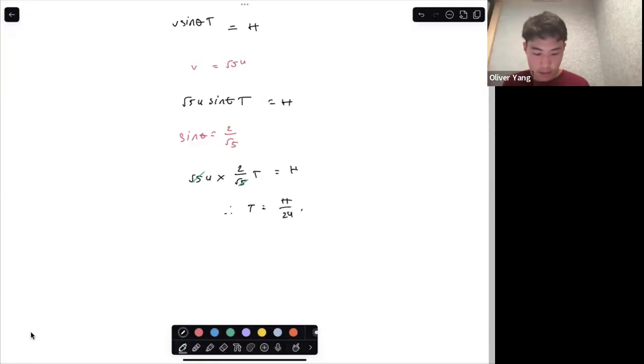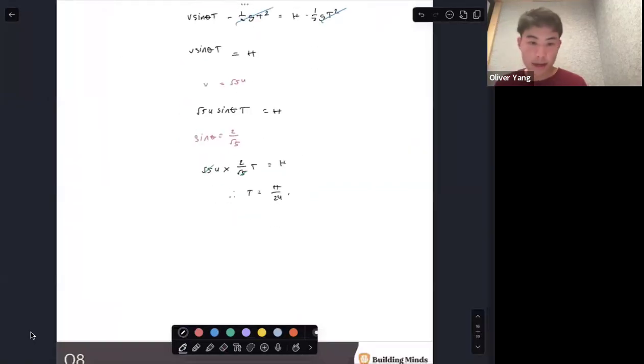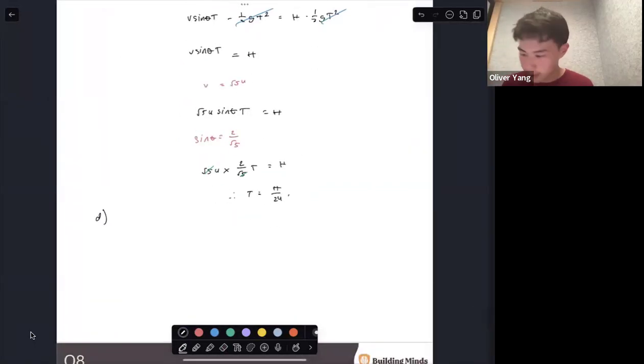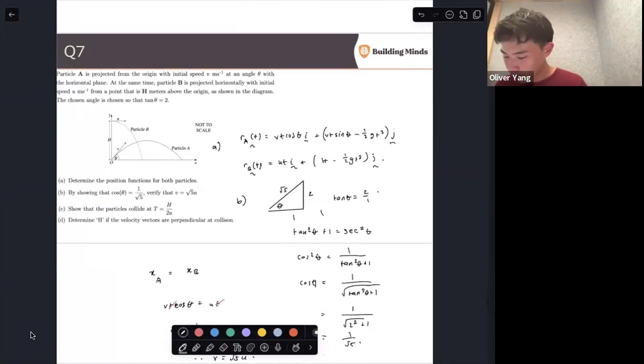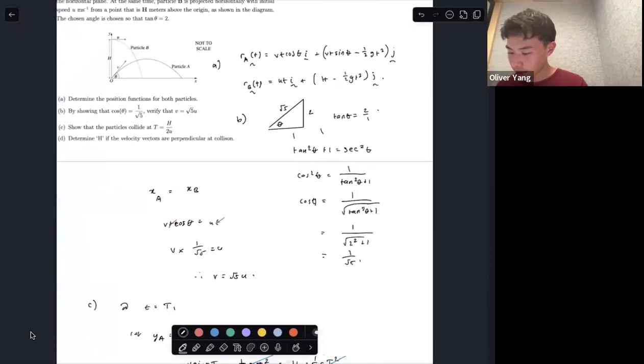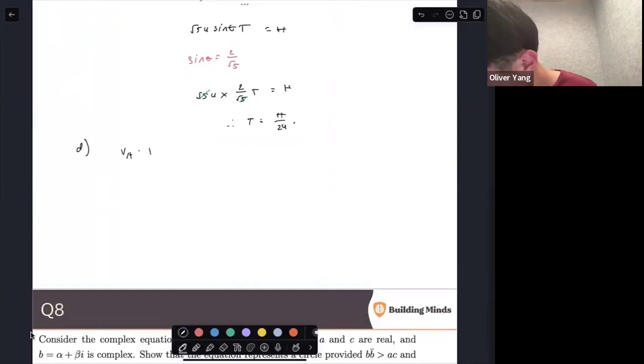Okay. Pretty easy. Okay, D. Find the time T if the velocity vectors are perpendicular at collision. So that means that if we do the dot product of vA dot vB equals 0.